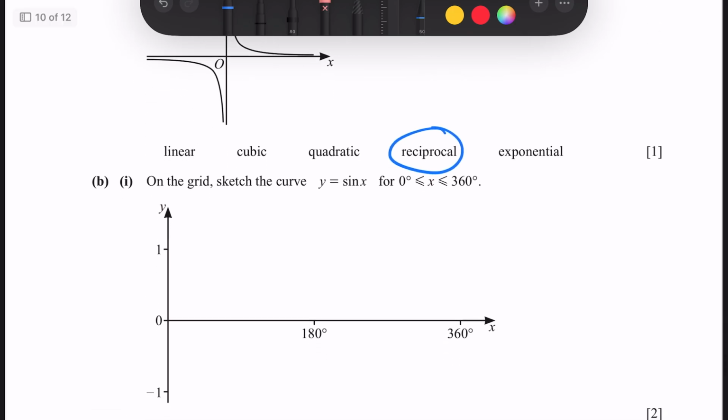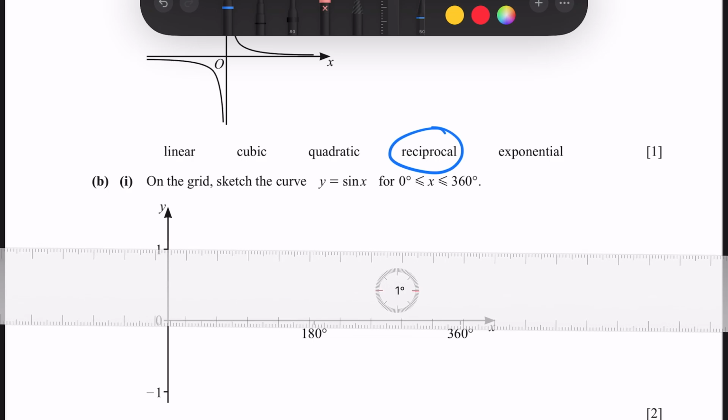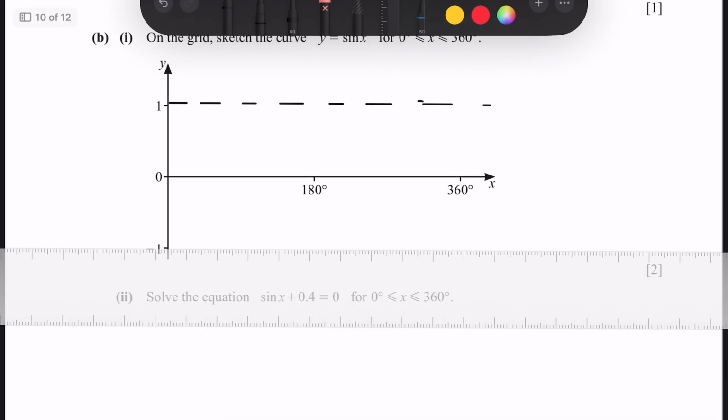Now b(i) says on the grid, sketch the curve y is equal to sin x for 0 is less than or equal to x less than or equal to 360. So the two things to make sure of: one is that the maximum amplitude is equal to +1, which means that the graph does not exceed +1 and does not go below -1 either.